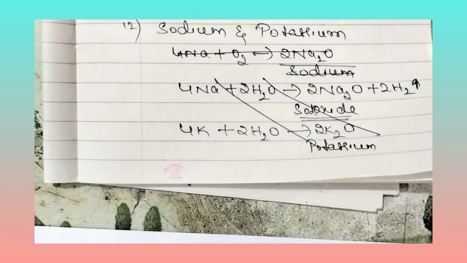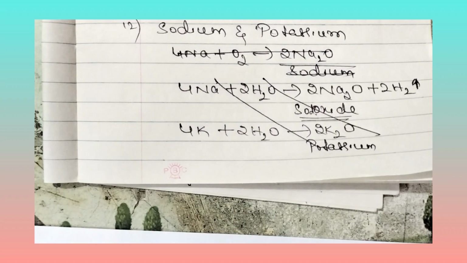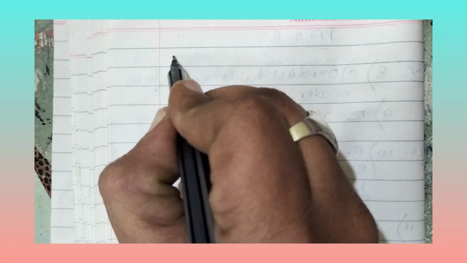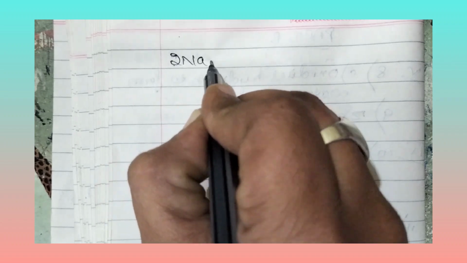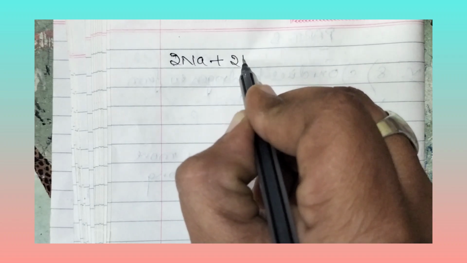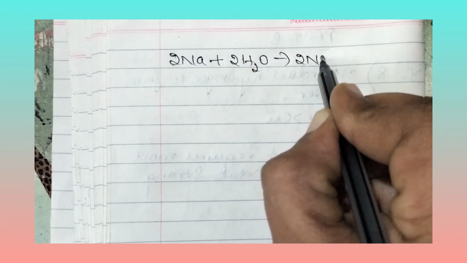So let us see what happens when sodium and potassium react with cold water. First sodium: when it reacts with water, 2Na plus 2H2O gives 2NaOH.